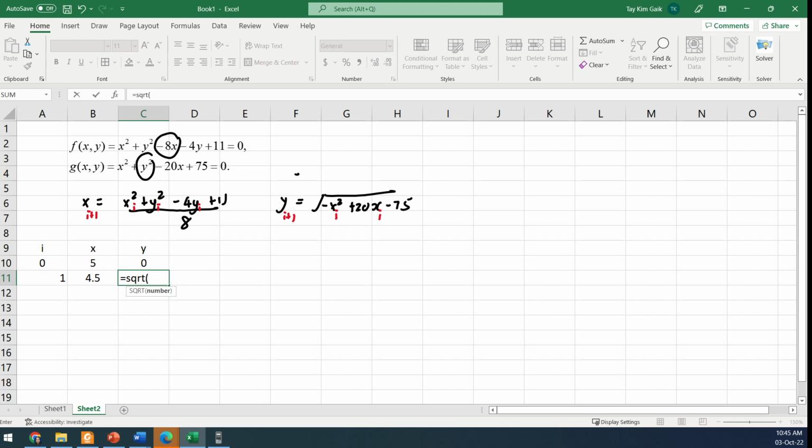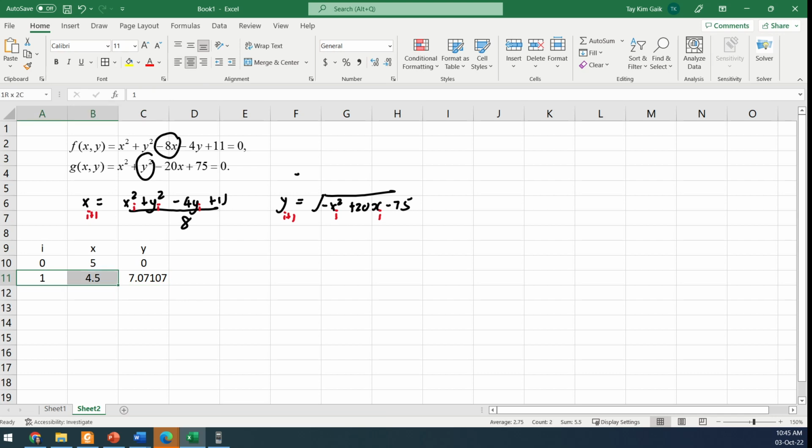So for the square root, you have negative x power 2 plus 20 times x minus 75, open and close the bracket. Since x1 and y1 are from the formula, you want only 4 decimal places.